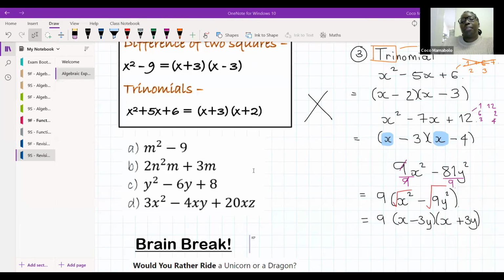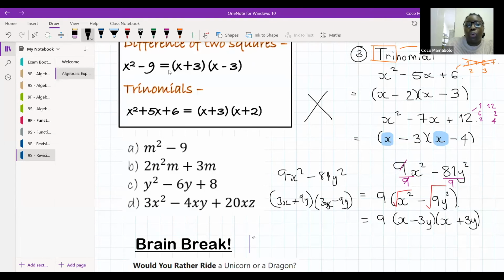Emmanuel, if this question that we've done over here is worth 3 marks, and you take 9x squared minus 81y squared, and you go 3x, and you write 9y and 9y, and you put a plus and a minus, we're going to give you 1 mark, because you failed to do the important thing first.